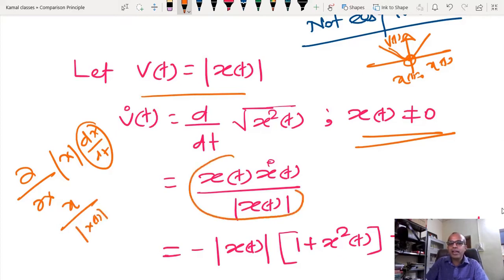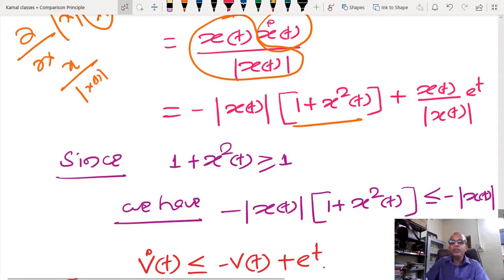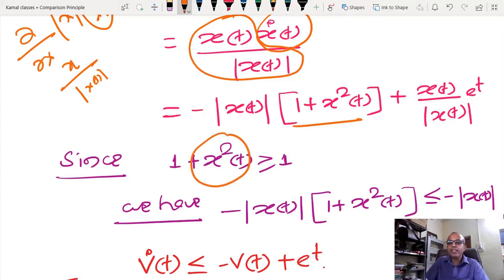The signum function means the slope is 1 on this side and minus 1 on this side. I am now going to substitute x dot, and I know what x dot is, so I have this kind of equation. Now we know that 1 plus x square is always greater than 1, because this is always positive. So I am going to apply this kind of inequality.